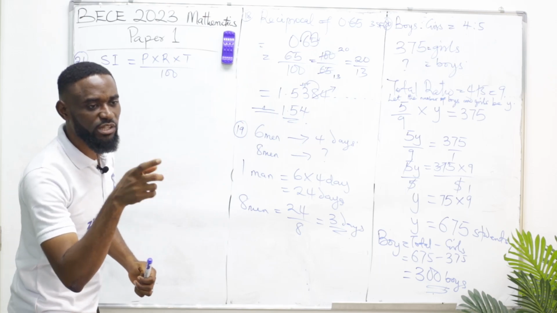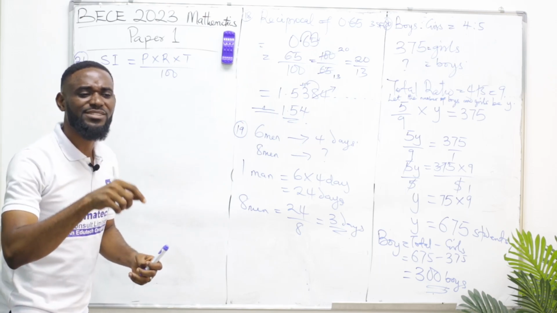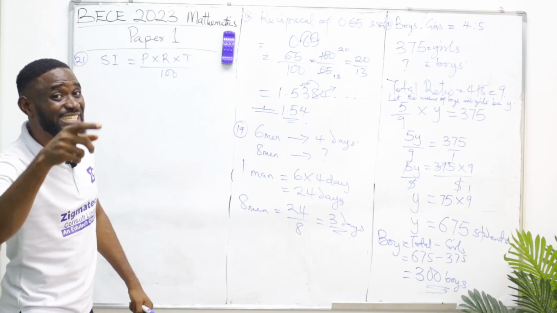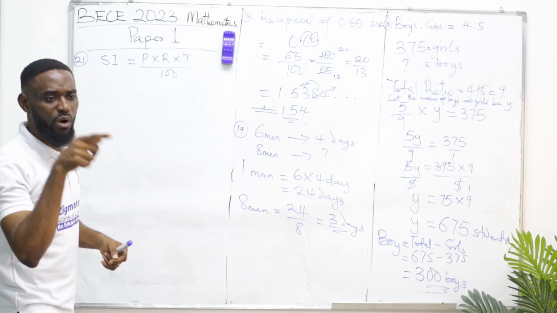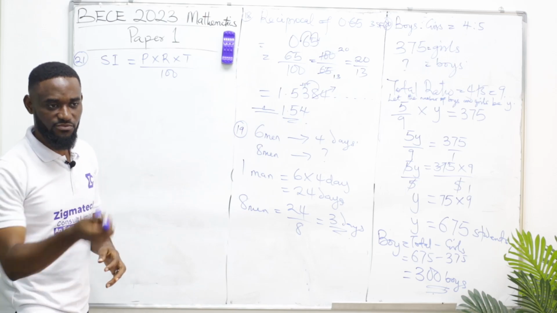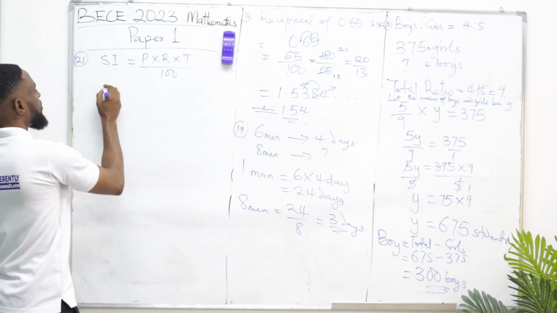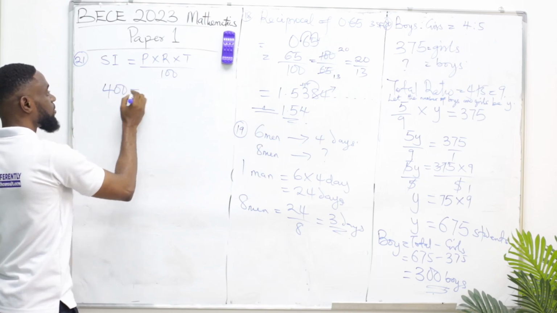So they say, at what rate will 1,600 naira give 400 as interest? It means that the principal is 1,600 naira, while the interest is 400 naira. So in place of simple interest, we have 400 naira given, right?